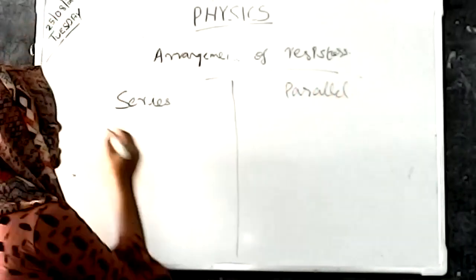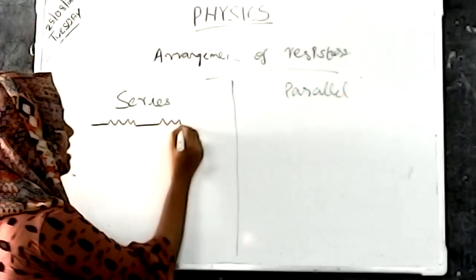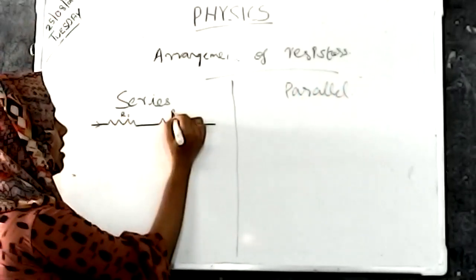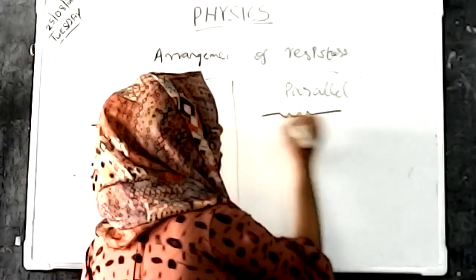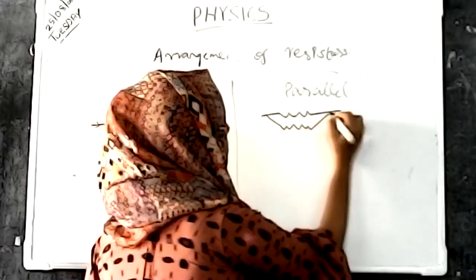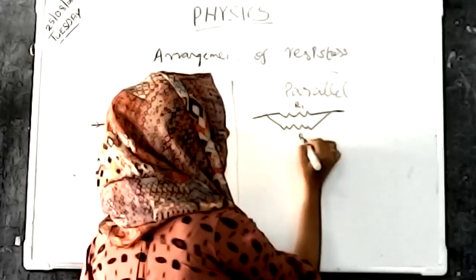First, we can see that in a series connection, one resistor is connected one after the other, but in the parallel connection, the resistors are connected like branches.